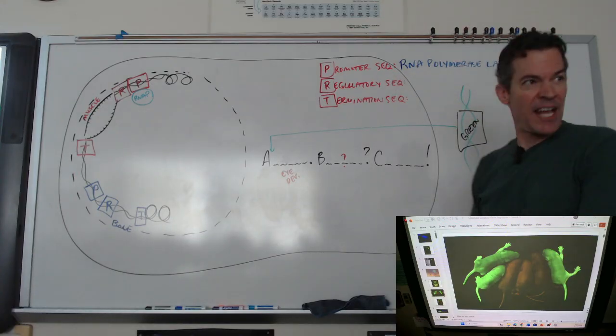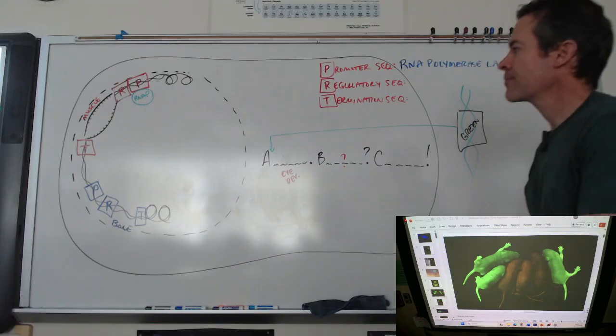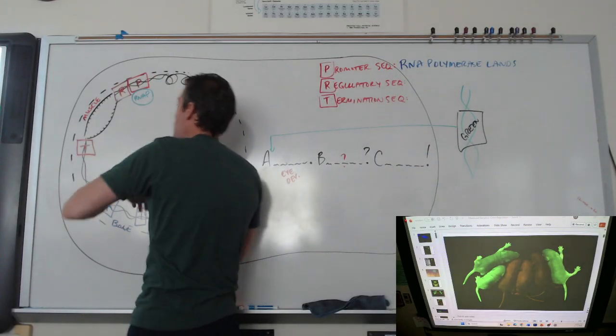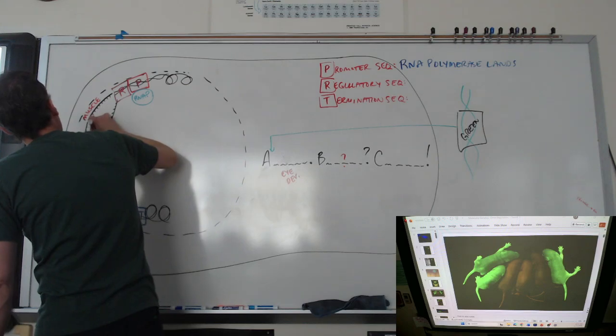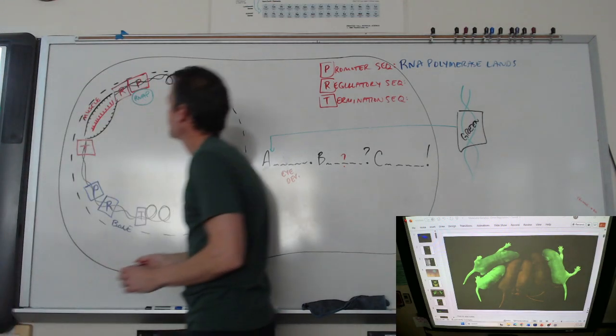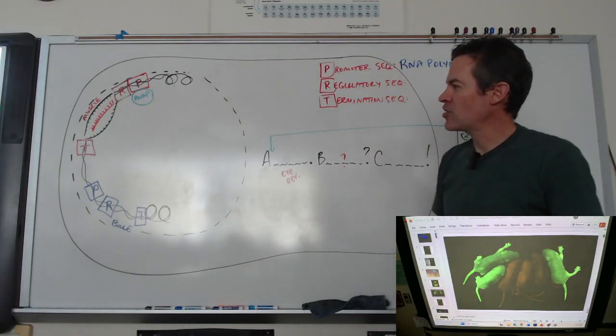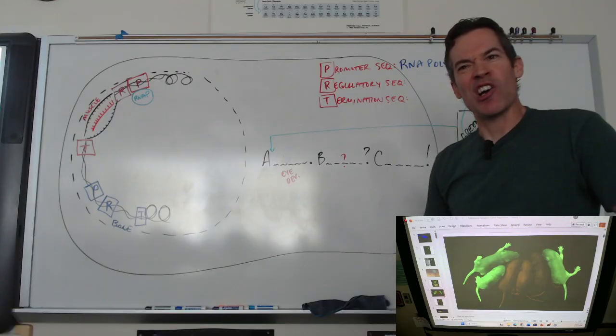It shouldn't land anywhere else if everything's working fine. And it'll land, it'll cruise along, it has two jobs, it does the unzipping, and then it starts building a piece of RNA. So that red strand right there that I just added, that's RNA.